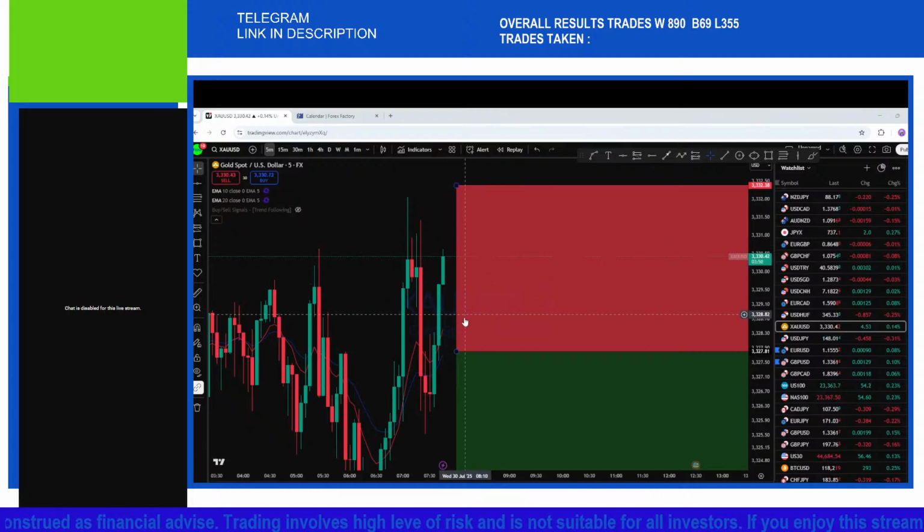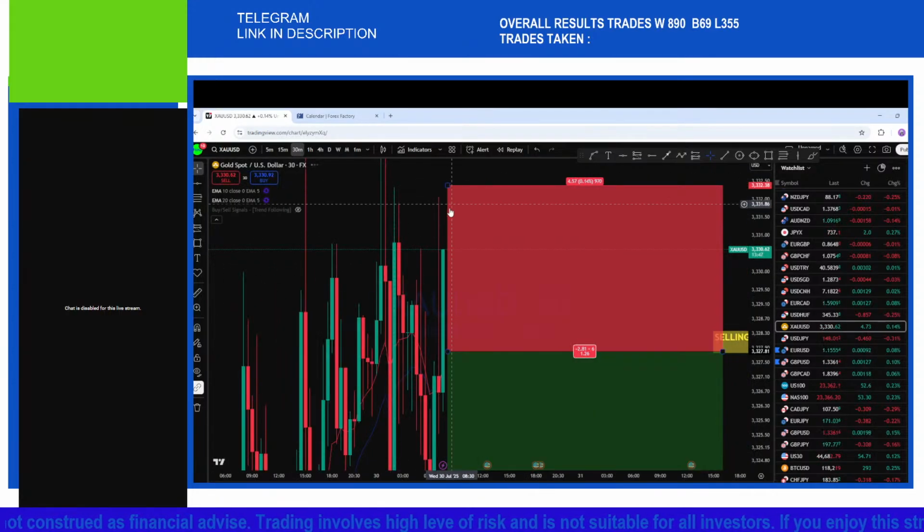We'll be waiting to see here. The market may grab more liquidity.